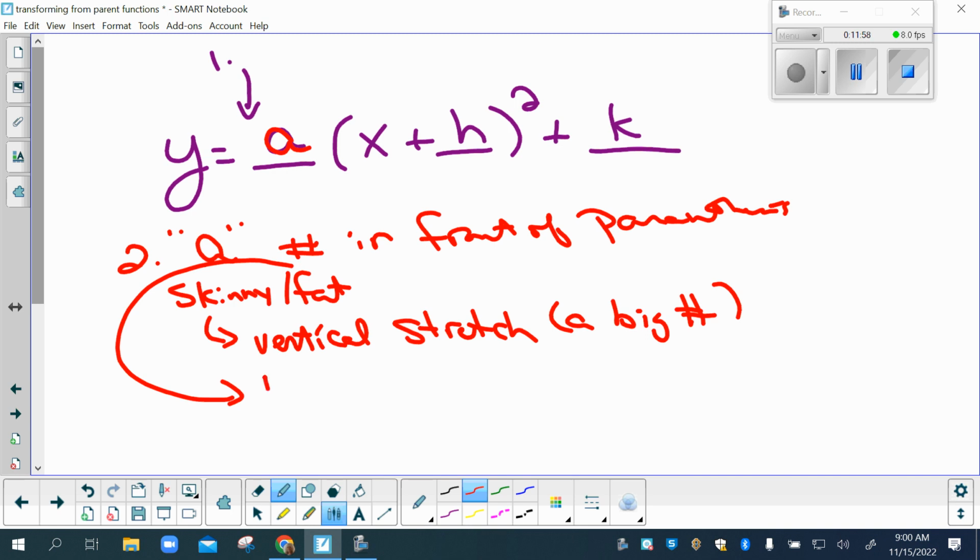It's called a vertical compression. And that is a fraction. You'll see when we practice these, it's super easy. So it will either be nothing, which is regular, or it will be vertically stretched or vertically compressed. Am I good with that? Everyone cool with that?